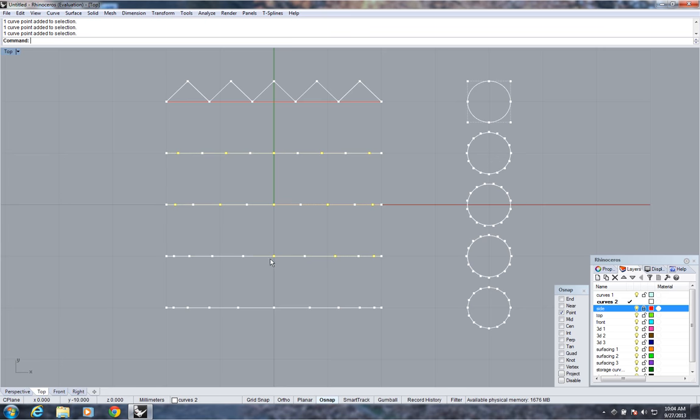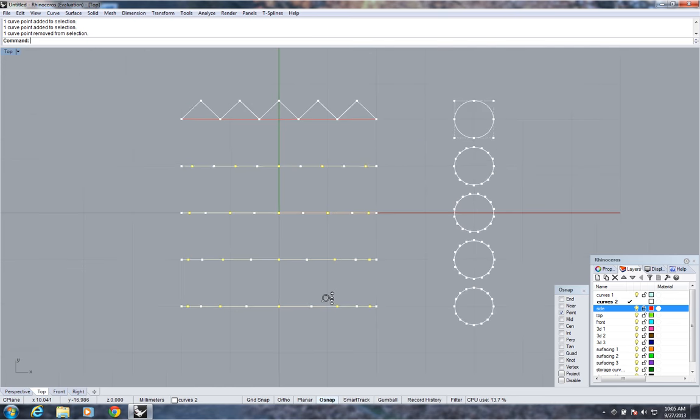If I were not holding down the Shift button, the next time I left clicked, it would select what I click and deselect everything else. So to prevent that from happening, hold down the Shift key. If you want to remove a point, say you picked one on accident, hold down the Control key while you click that, and it will remove it from the selection.